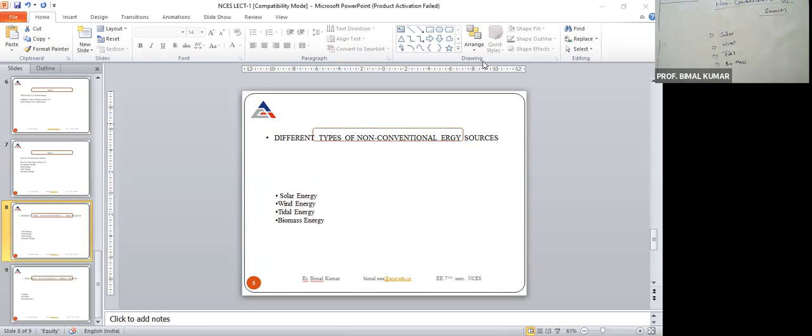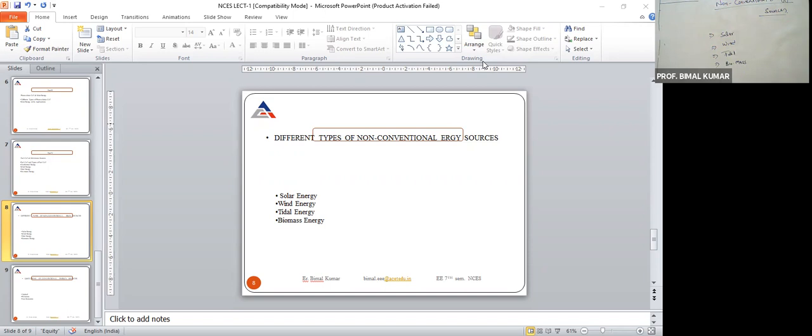So again, the thing is, whenever the need of the electrical energy is going to be increased day by day, and sources are limited, right? Sources are limited. So what will happen?